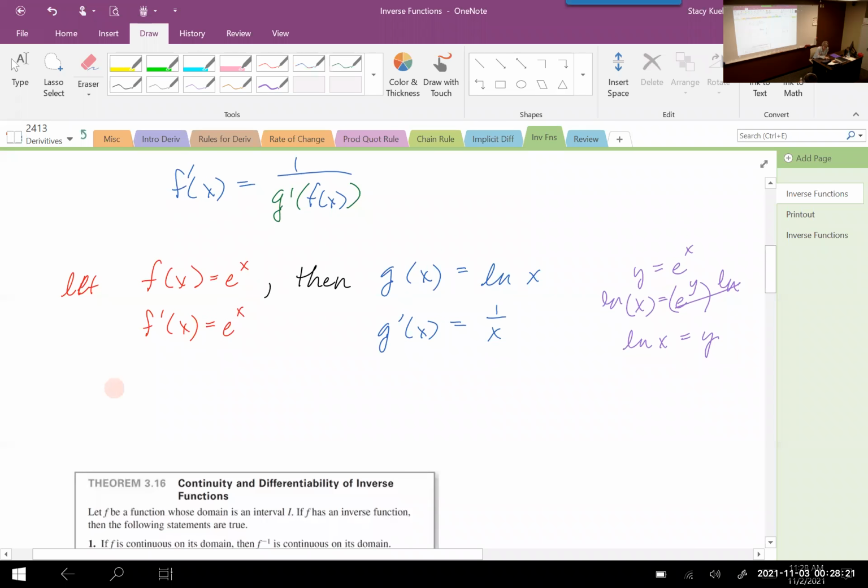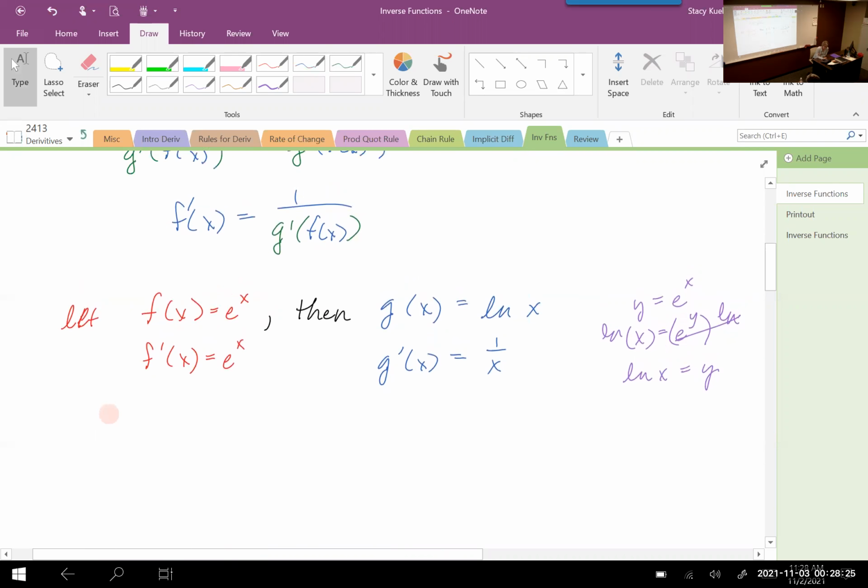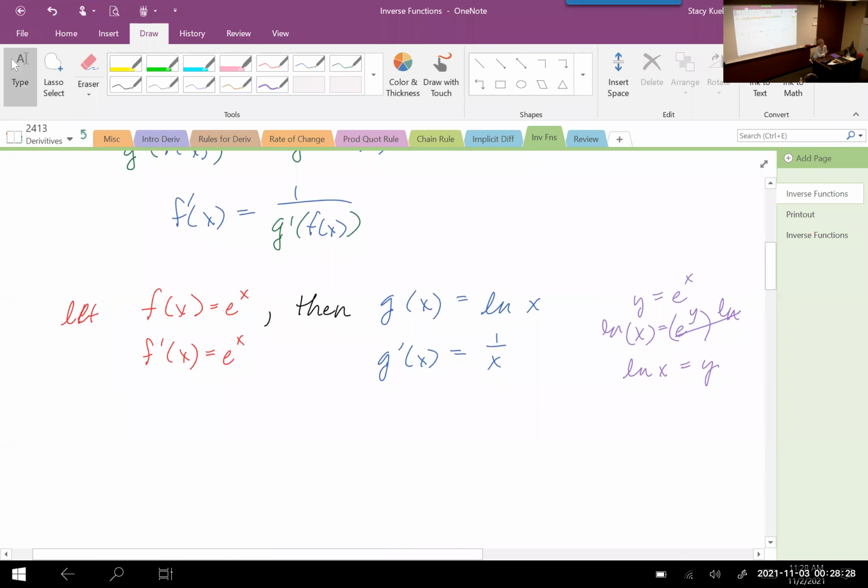So if we use our idea from above that the derivative of the function is equal to 1 over the derivative of the inverse at the function, right? That's kind of what that thing above says. Then what we're asking is, does e to the x equal 1 over e to the x? Now, why is it 1 over e to the x?